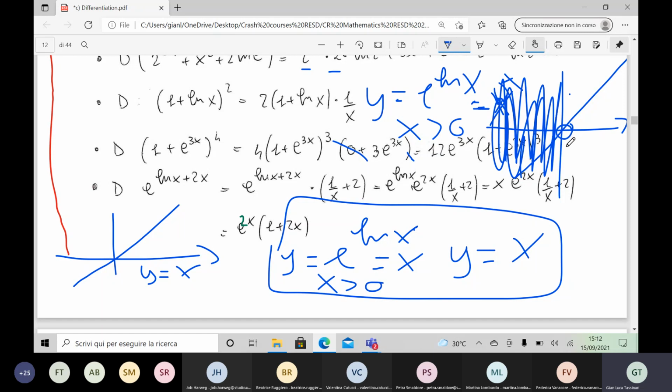This one instead is defined only for x strictly greater than 0. So this function is a restriction of this one, because the domain of this one is completely contained in the other. It was only an observation, guys. This has nothing to do with derivatives, okay? It was only an observation.